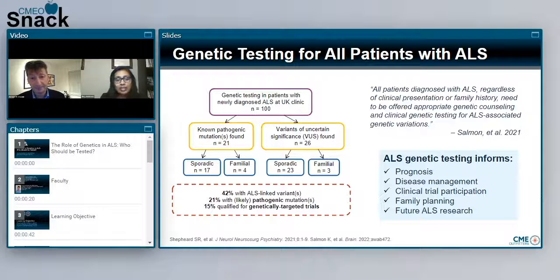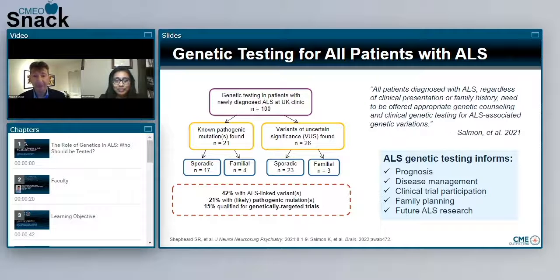I agree. And I think one of the challenges that healthcare providers and even genetic counselors face is when you get that variant of unknown significance, often the person living with ALS comes with their family members. And how do you deal with the family members and the risk to the family members? Yeah. And especially if there's no family history, of course, that makes it difficult compared to if there is a family history.